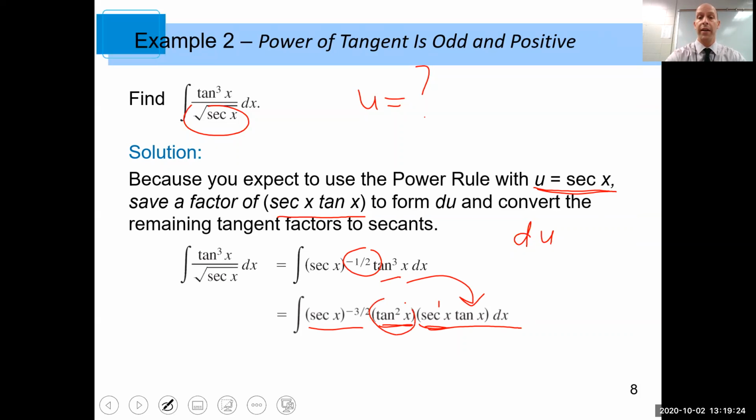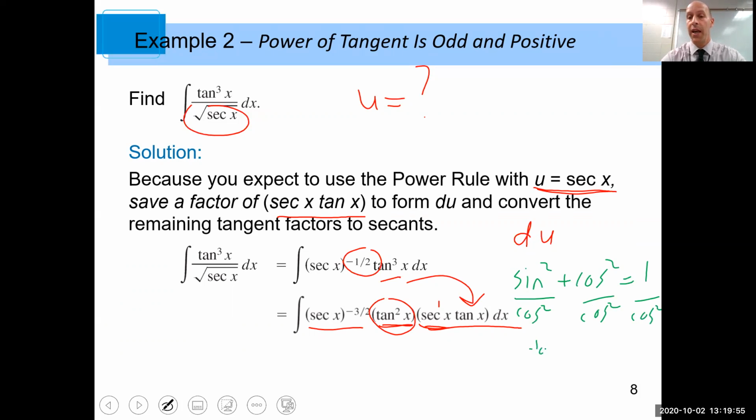Well, here I've got this tangent squared. Now it turns out that if we use, and I'm going to do a little bit of side work here, I'm not writing the x's, but I'm just going to write sine squared x plus cosine squared x equals 1, right? So how do you get tangent? You divide, I could divide this by cosine squared, divided by cosine squared, right?